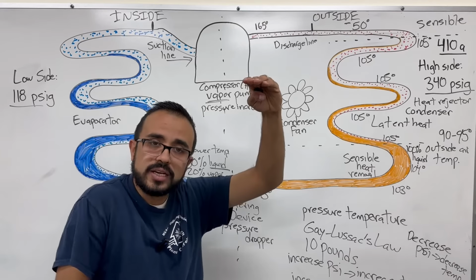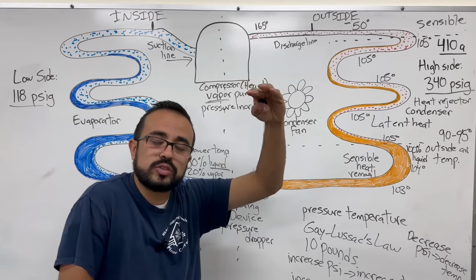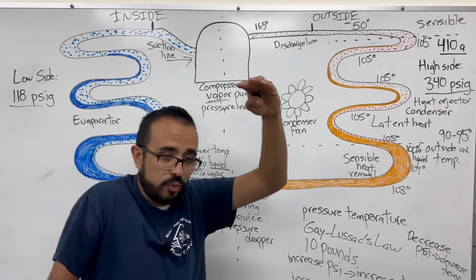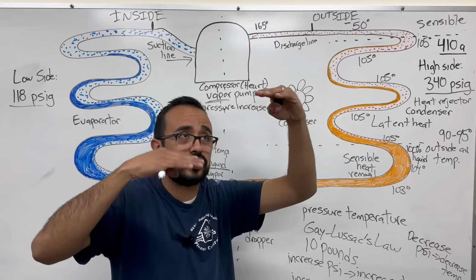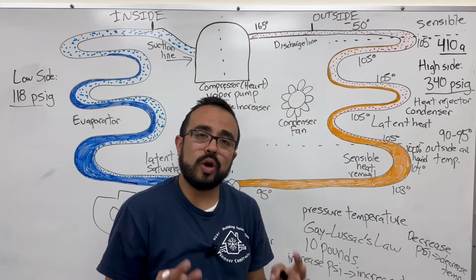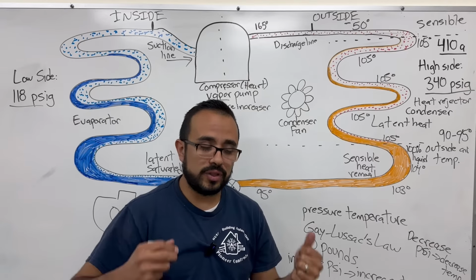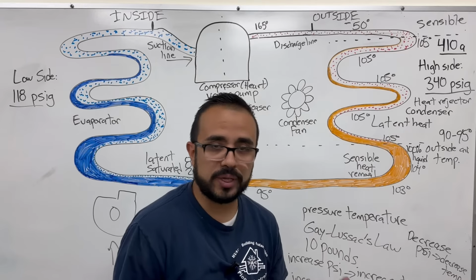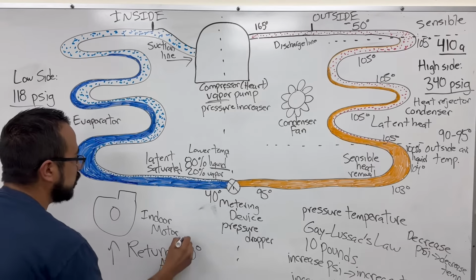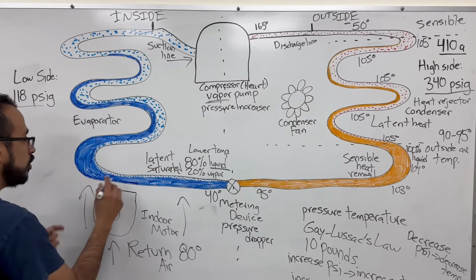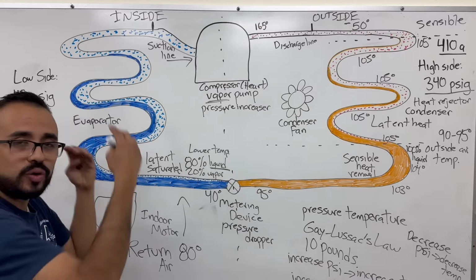If we add heat to the 80% liquid, 20% vapor, we're going to boil off that liquid because it is going to turn to vapor until it's 100% vapor. Where do we get that heat? Oh, this is where Mrs. Applebottom would be happy to hear, but return air is 80 degrees. You've got this warm return air going through this cold coil.